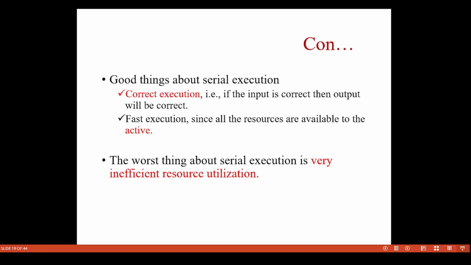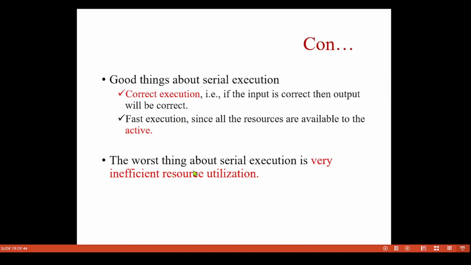Fast execution, since all of the resources are available to the active transaction. That means all resources, maybe RAM, CPU, or any computer resources, can be applied to only the active transaction. So fast execution and correct execution are the good things about serial execution.